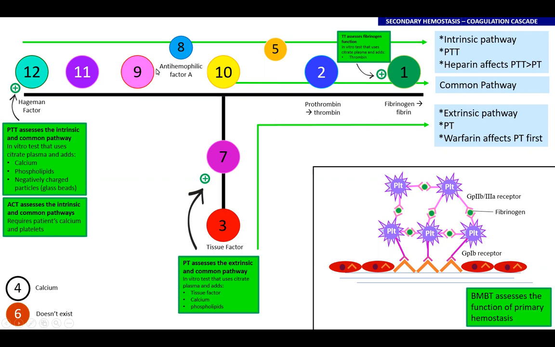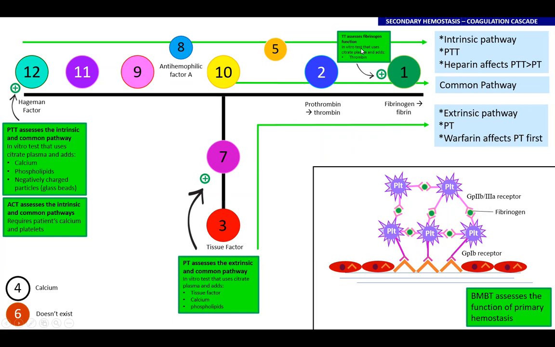So if the body can't make thrombin because it's missing antihemophilic factor A or factor 8, that doesn't matter. We've added all the thrombin that we need to activate fibrinogen and make it into fibrin. So thrombin time only assesses whether you have sufficient fibrinogen or if it's working properly.